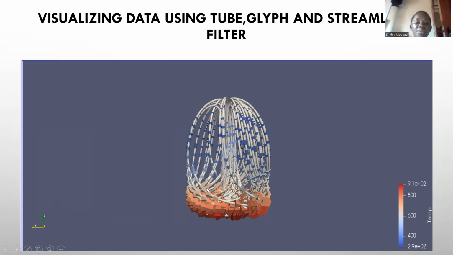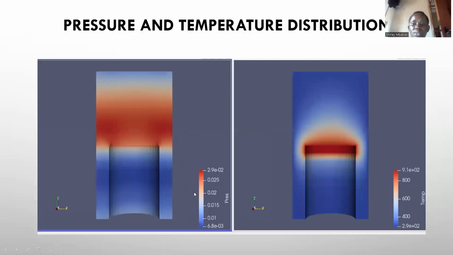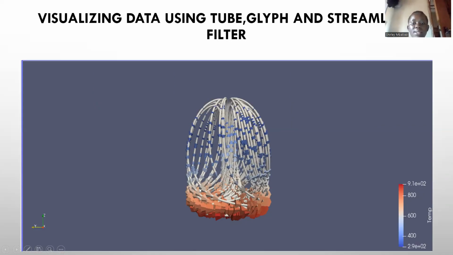So we can see its concentration, and we can see from this that it's moving in the downward direction, like the air or the wind is moving downward, and temperature, like we saw here, is concentrated more at the core, and here the core is really the bottom part of this.